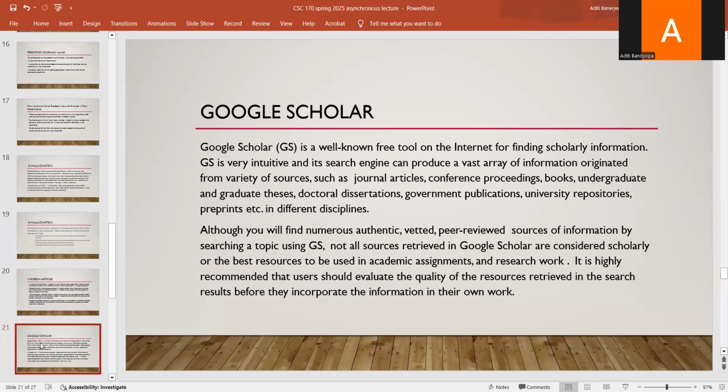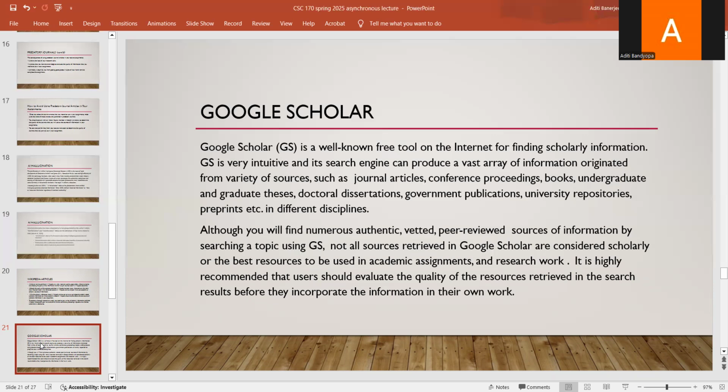Google Scholar is very intuitive and its search engine can produce a vast array of information originated from a variety of sources, such as journal articles, conference proceedings, books, undergraduate and graduate theses, doctoral dissertations, government publications, university repositories, preprints, etc., in different disciplines.